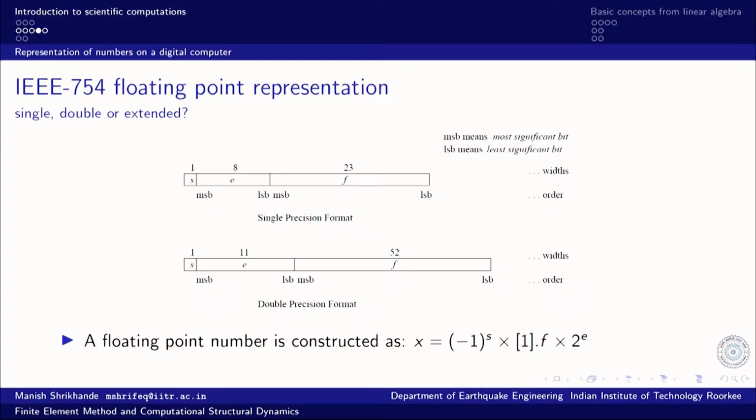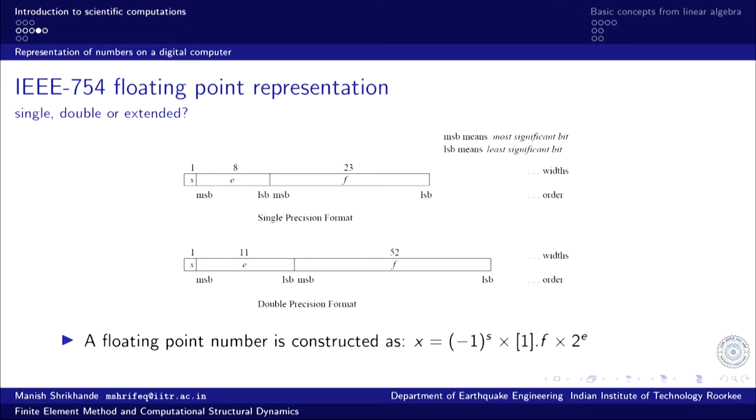Then we have a hidden bit 1. As I said, we always assume that the whole part of 1 is always there. That 1 is the hidden bit, represented in the square bracket, and it is followed by the fractional part.